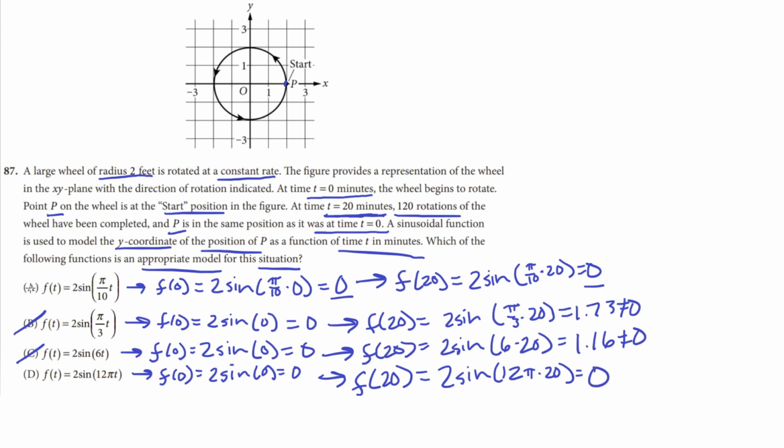Okay, so A and D both have correct f of t values at those 2 points. Now how do we find out which one of these is correct? Well, we can use this information here. We're told that at time t equals 20, 120 rotations have passed, meaning the sinusoid will have gone through 120 cycles between time t equals 0 and t equals 20.